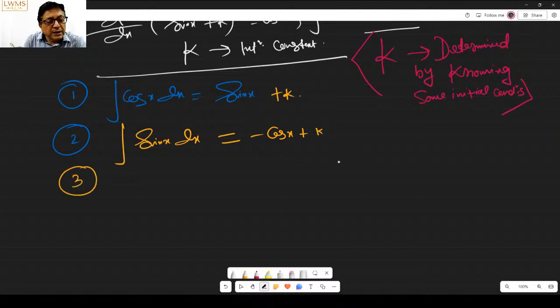And integration of sec square x dx will be tan x plus k, because derivative of this thing is this. Always you can compare this way.